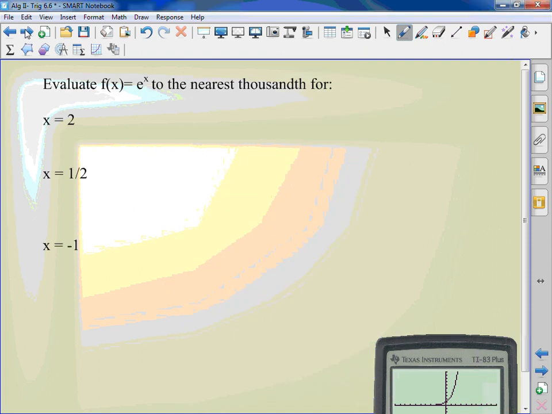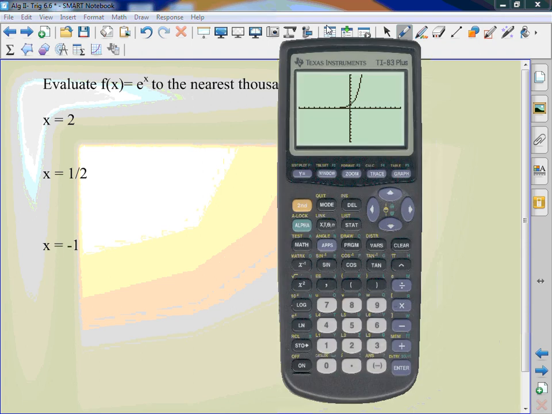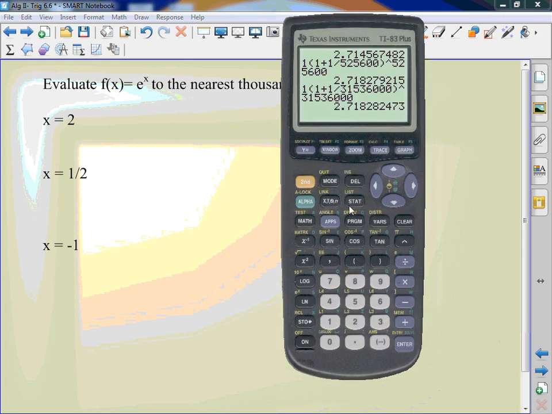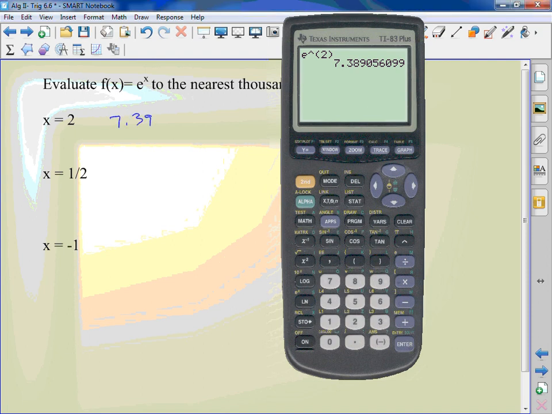Find out what E to the 2 is, E to the 1/2, E to the -1. In the calculator, I'm not even going to graph. Second ln 2, close the parenthesis, enter. This one is about 7.39.